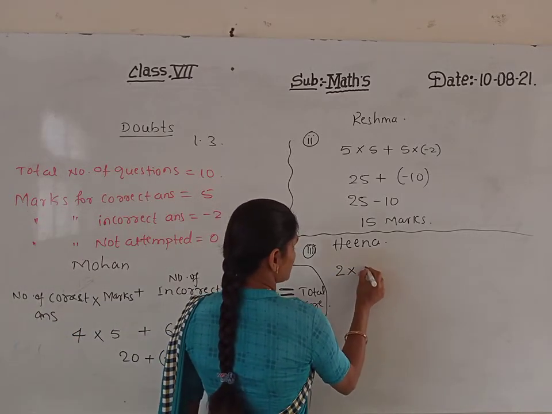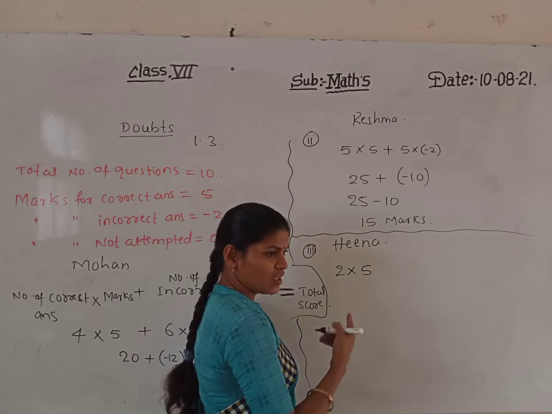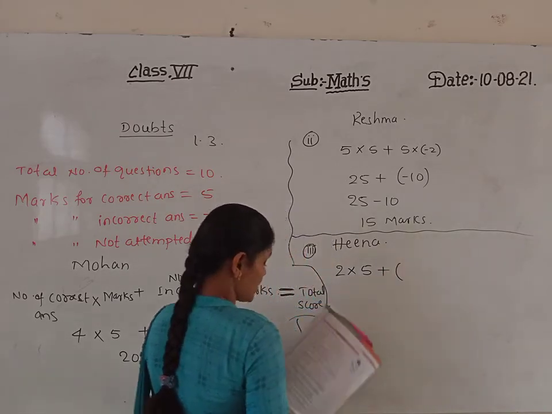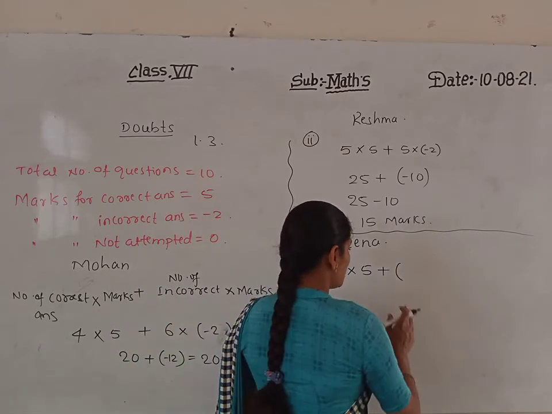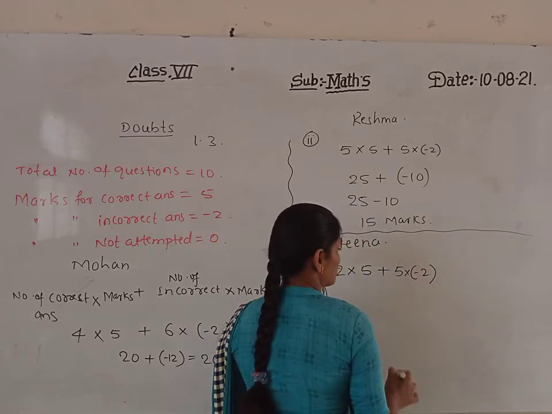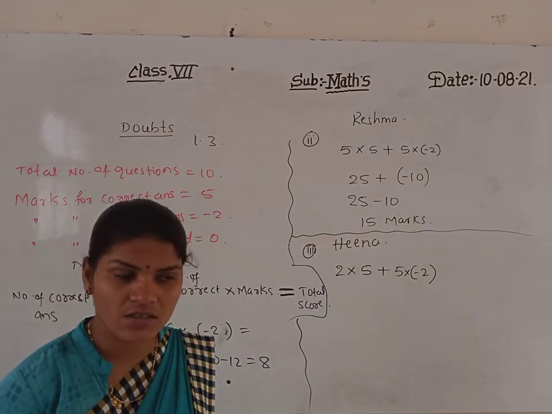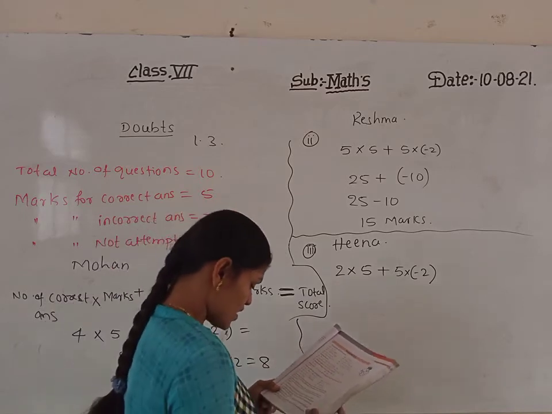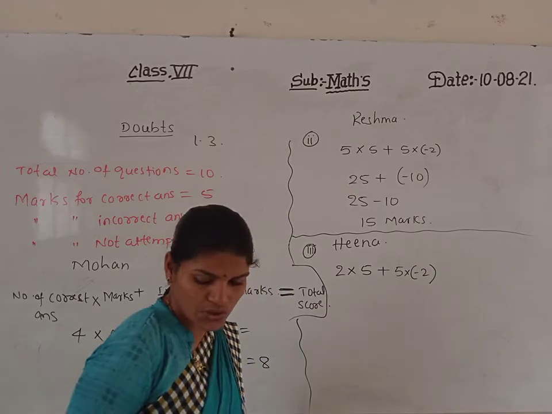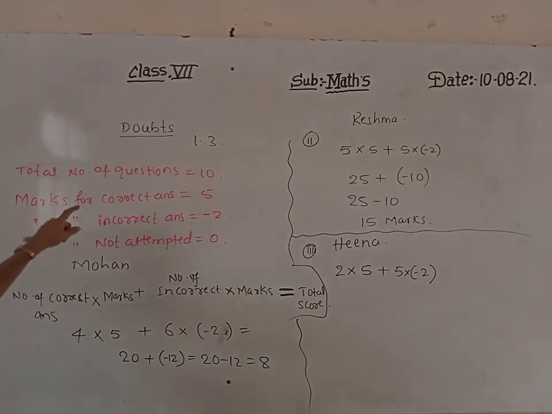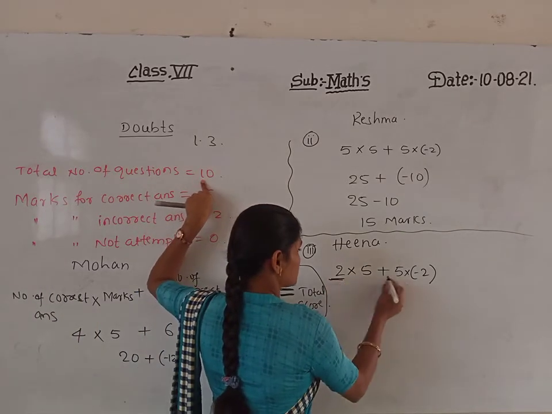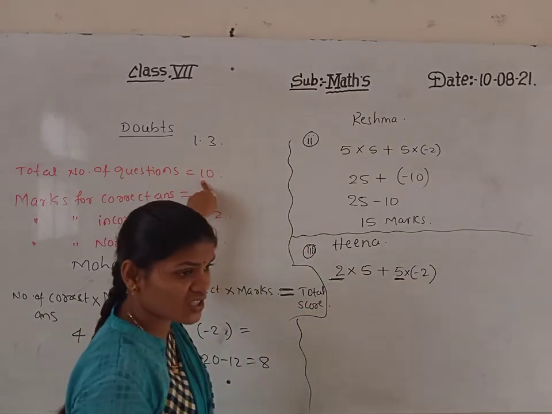For each correct answer, 5 marks. 5 incorrect, for each incorrect answer minus 2. Out of 7 questions she attempted, what is her score? But here totally how many questions are there? 10 questions. She attended only 2 plus 5 questions, and the remaining 3 questions she did not attend.